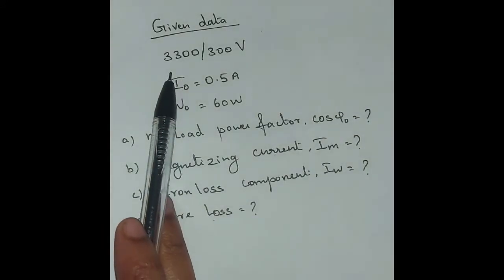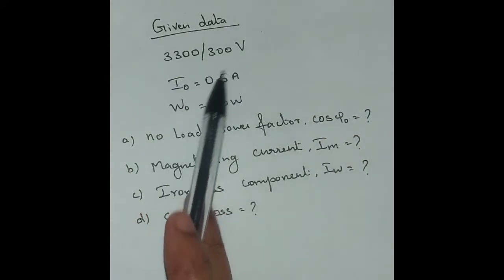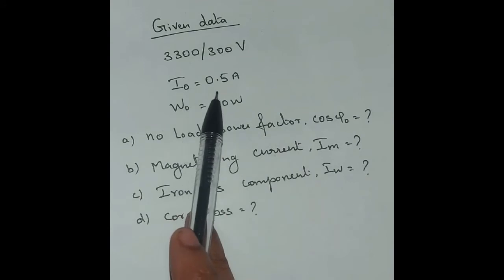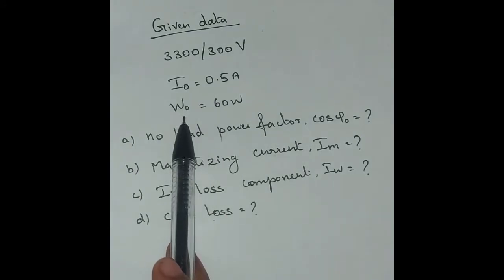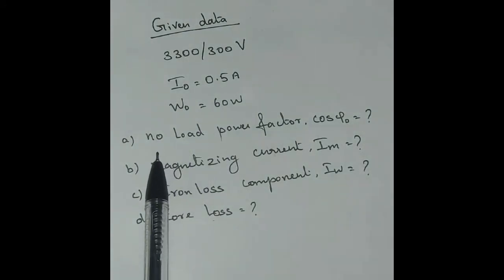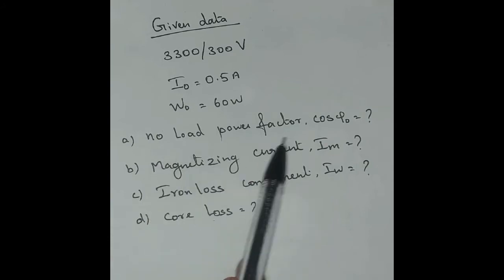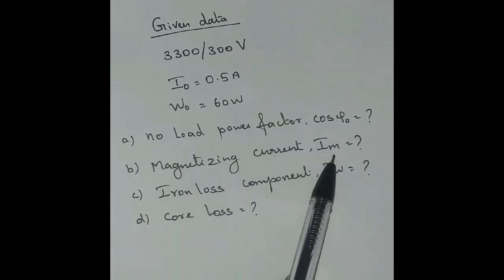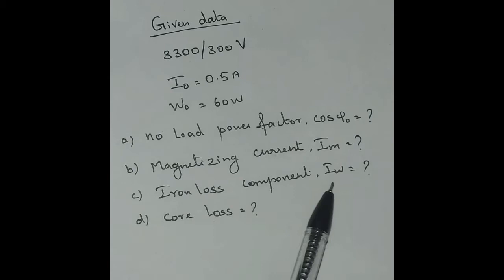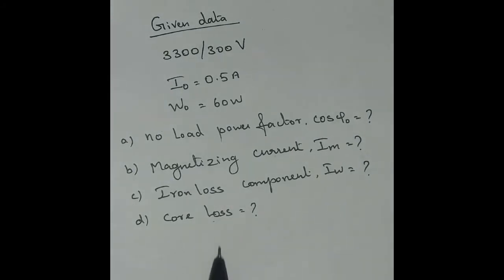These are the given data: 3300 by 300 volt transformer, no load current 0.5 amps, and wattmeter reading 60 watt. They are asking us to find out no load power factor cos phi naught, magnetizing current Im, and iron loss component Iw, and core loss.